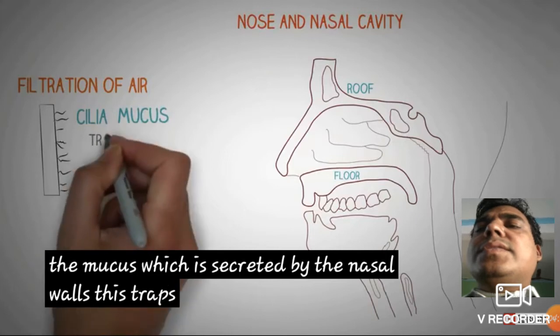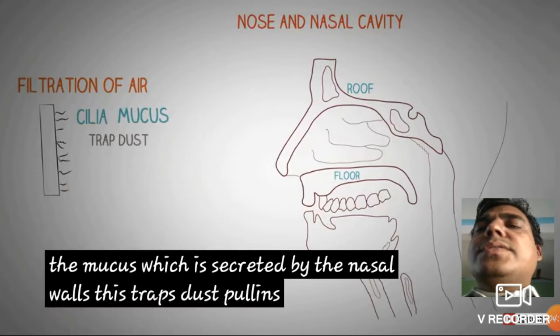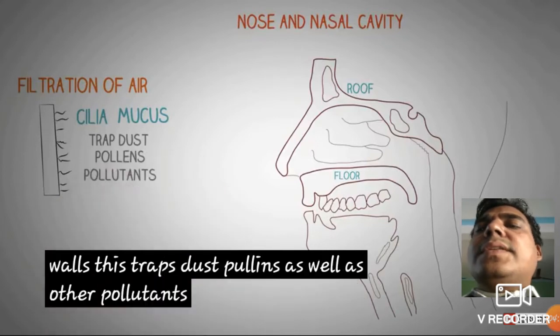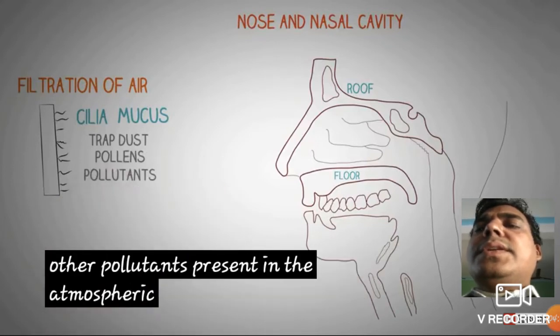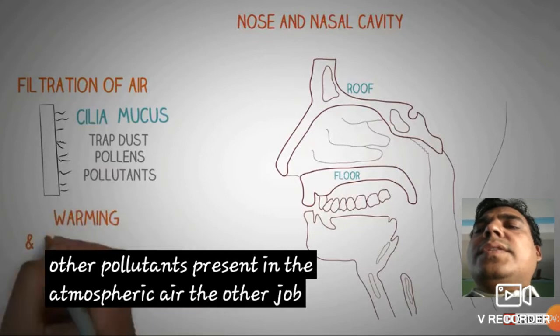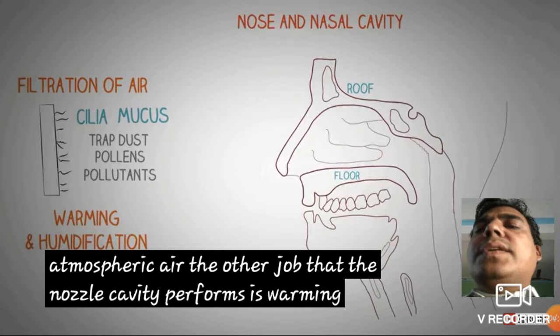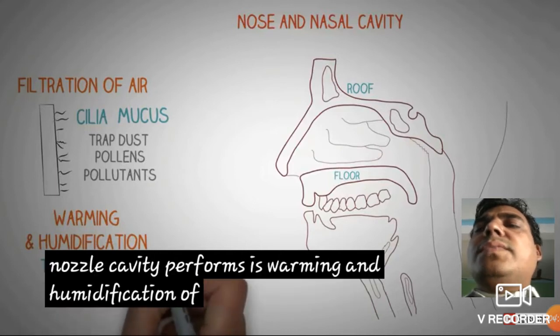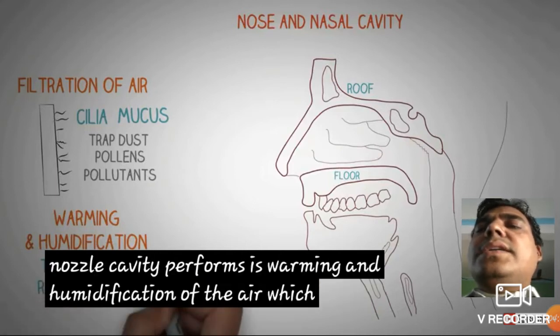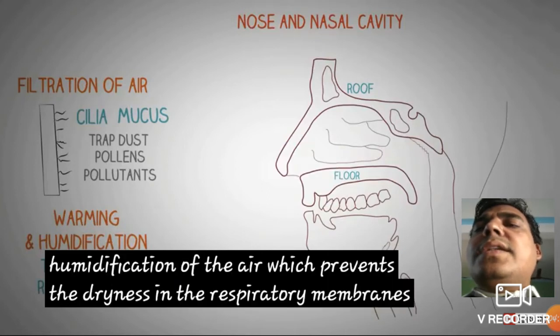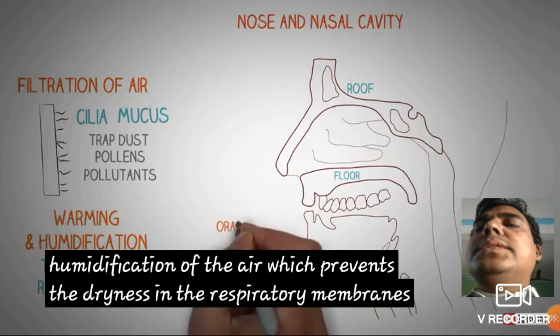This traps dust, pollen as well as other pollutants present in the atmospheric air. The other job that the nasal cavity performs is warming and humidification of the air, which prevents the dryness in the respiratory membrane.